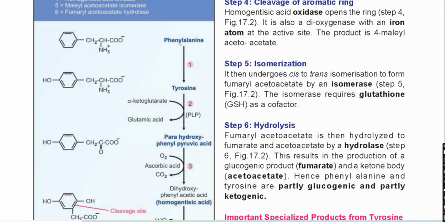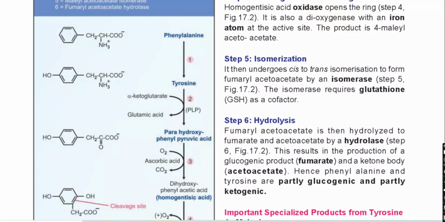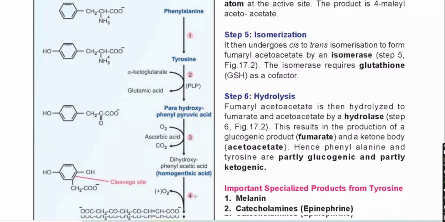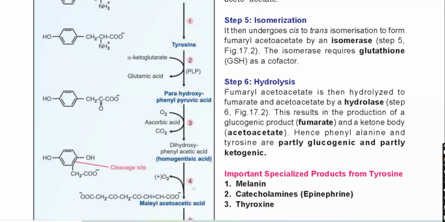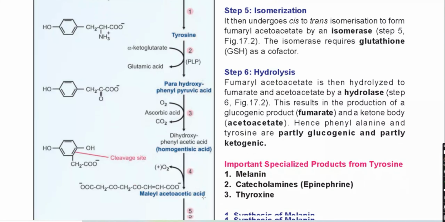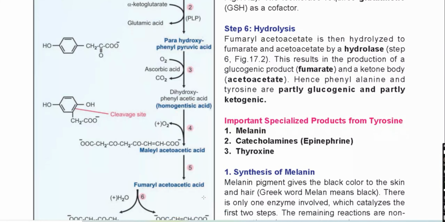First of all, phenylalanine will convert to tyrosine. Already we discussed that tetrahydrobiopterin acts as a cofactor. Then, with PLP and alpha-ketoglutarate, tyrosine will form para-hydroxyphenylpyruvic acid. After that, with the addition of ascorbic acid and oxygen, it will form homogentisic acid. Homogentisic acid leads to maleylacetoacetic acid, then subsequently fumarylacetoacetic acid.